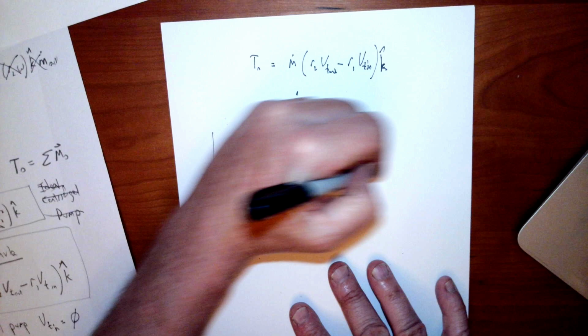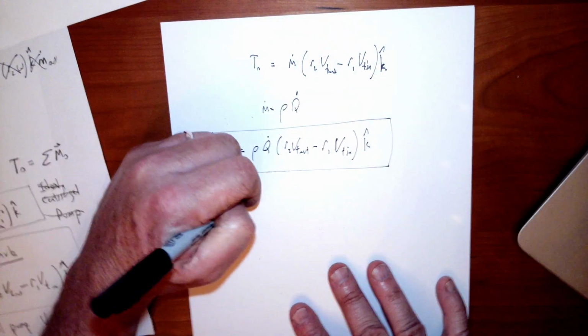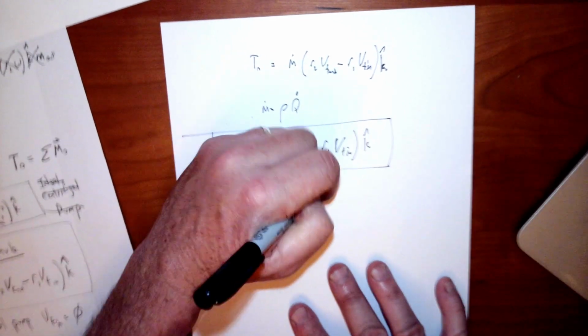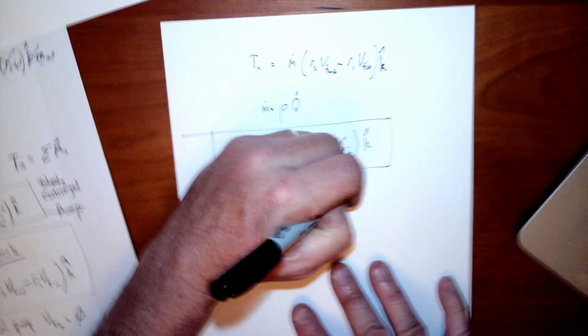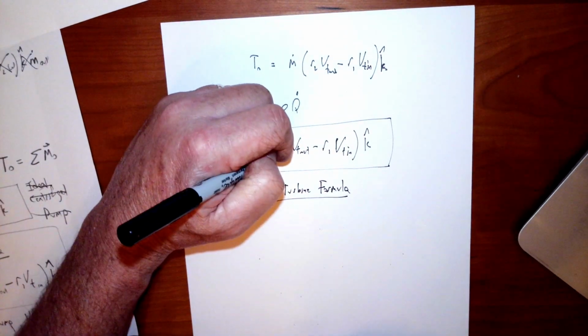Now this formula here, that has a name. That's Euler's turbine formula. So you can try to remember that one. So that's your torque formula.